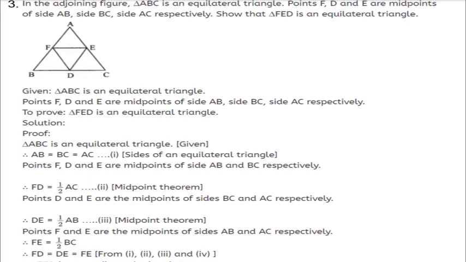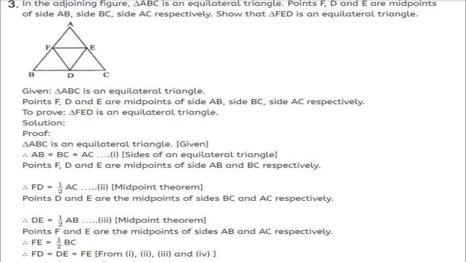Similarly, you can apply the midpoint theorem once again for points D and E, which are midpoints of sides BC and AC respectively. Therefore, DE will be equal to half of the third side, which is AB. Take it to be the third equation. Similarly, when points F and E are midpoints of sides AB and AC respectively, you will have FE is equal to half of the third side, which is BC, by the midpoint theorem.